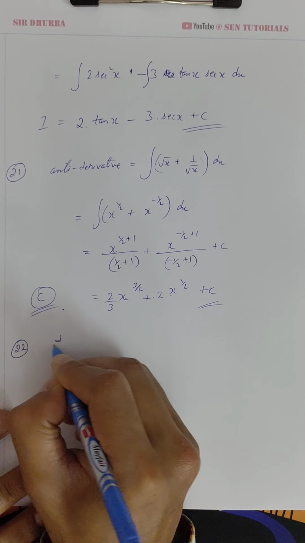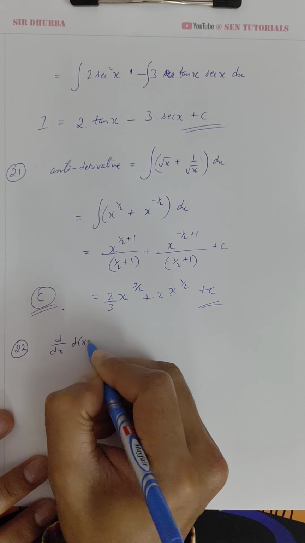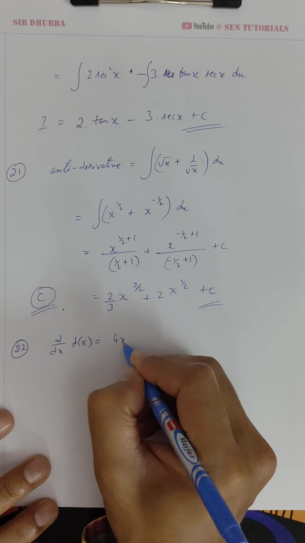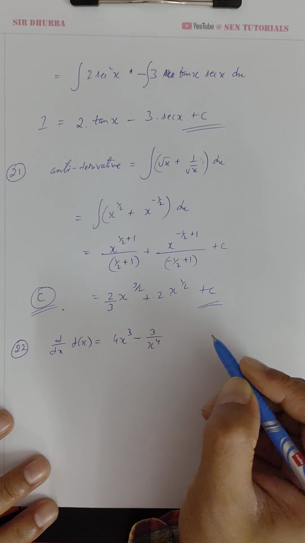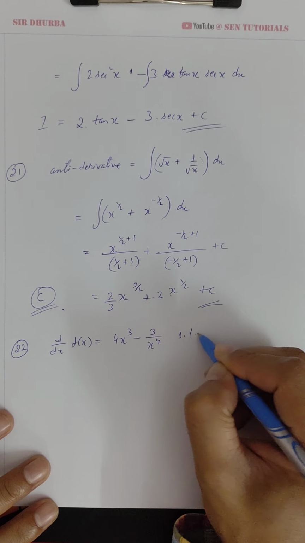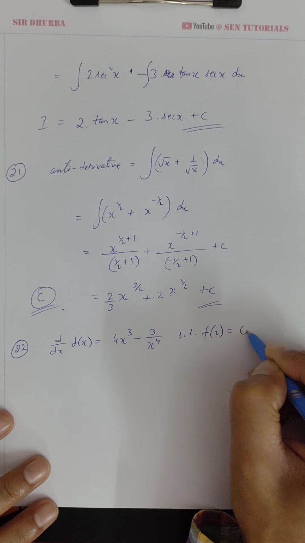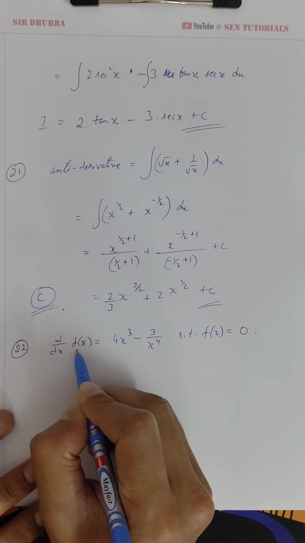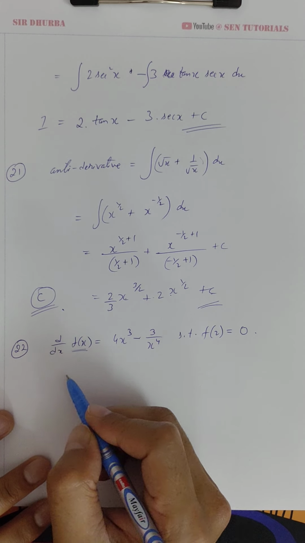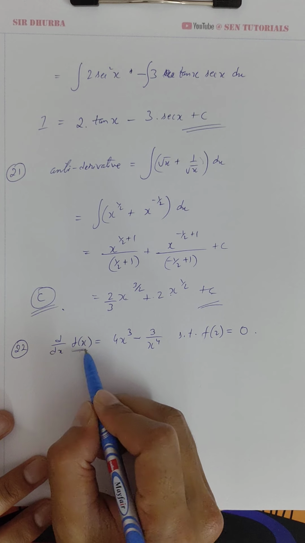22. The derivative of the function is given as 4x cubed minus 3 by x power 4, such that the value of the function at 2 is 0. Now our job is to find the function f of x. In other words, what is the antiderivative?